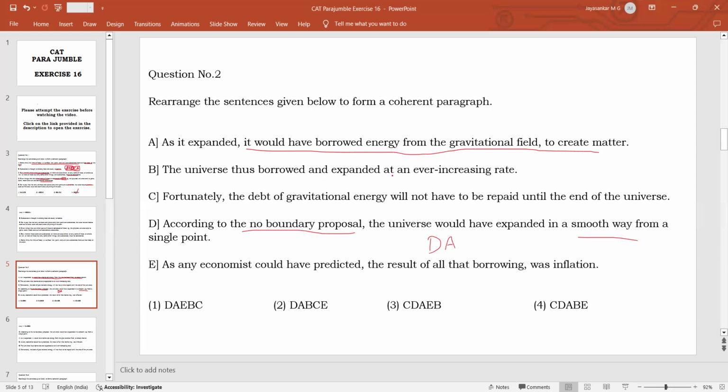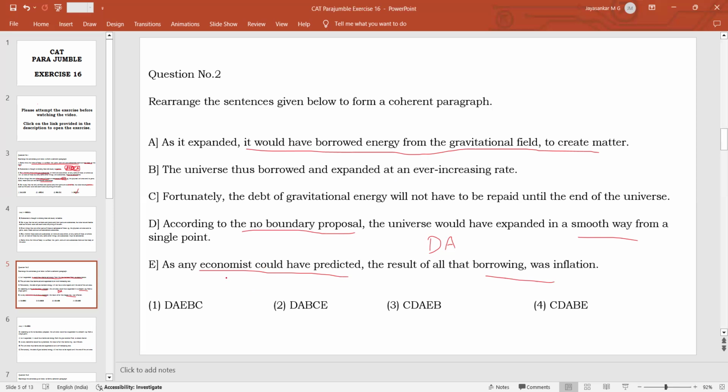The universe thus borrowed and expanded at an ever increasing rate. Good, you can say it is a good statement. But what will happen to this statement? So this is the odd man out, because we are bringing in economics here. As any economist could have predicted, the result of all that borrowing was inflation. So can you say that after BA, we put B and then E, the universe thus borrowed and expanded?